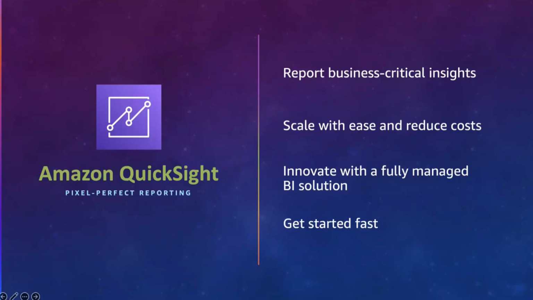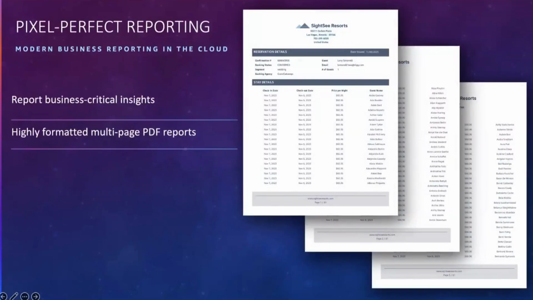But before I jump into the demo, I just wanted to quickly talk about some of the key features that we already have. One of the key aspects of pixel perfect reporting is the ability to create highly formatted outputs. You're able to create paginated or pixel perfect reports, as you can see here, in various different paper sizes, dimensions, and orientations, whether portrait or landscape.